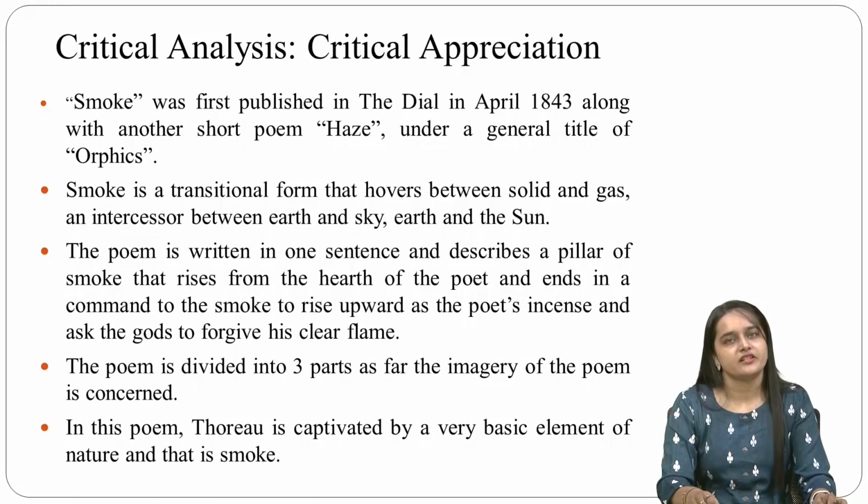In lines 1 to 4, the image of the journey of a bird is constructed. It shows the flight of the bird upwards. In the next two lines, the bird image is developed further as the smoke rises like a bird and circles above its nest.